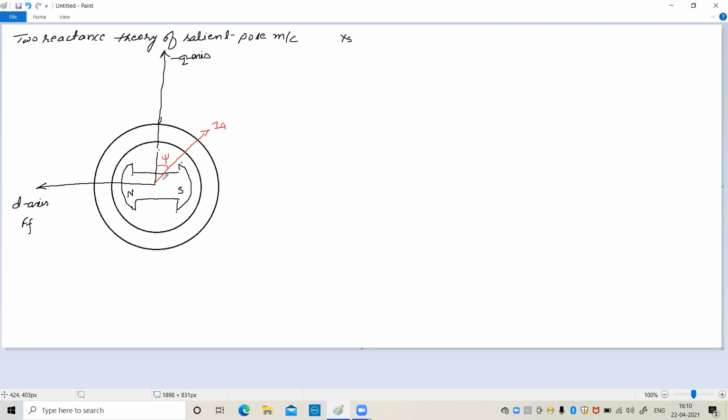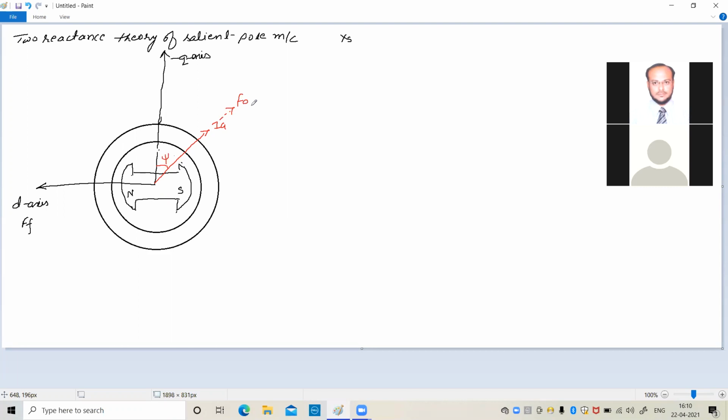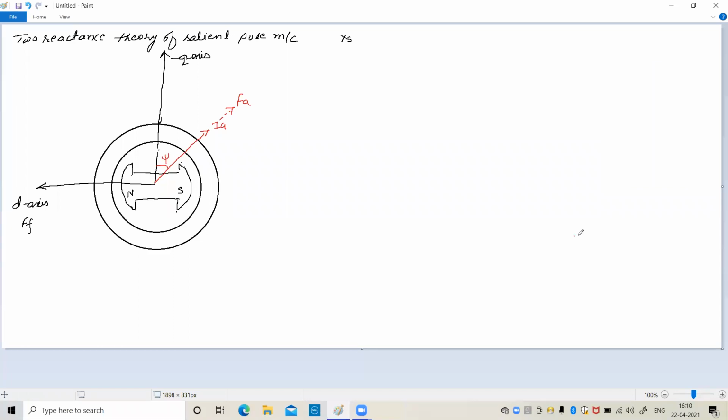So we can resolve this armature current. It also produces some armature reaction, definitely it will produce the armature reaction MMF FA. Under such a condition, the armature reaction MMF has to be resolved into two components, one along the direct axis and one along the quadrature axis.